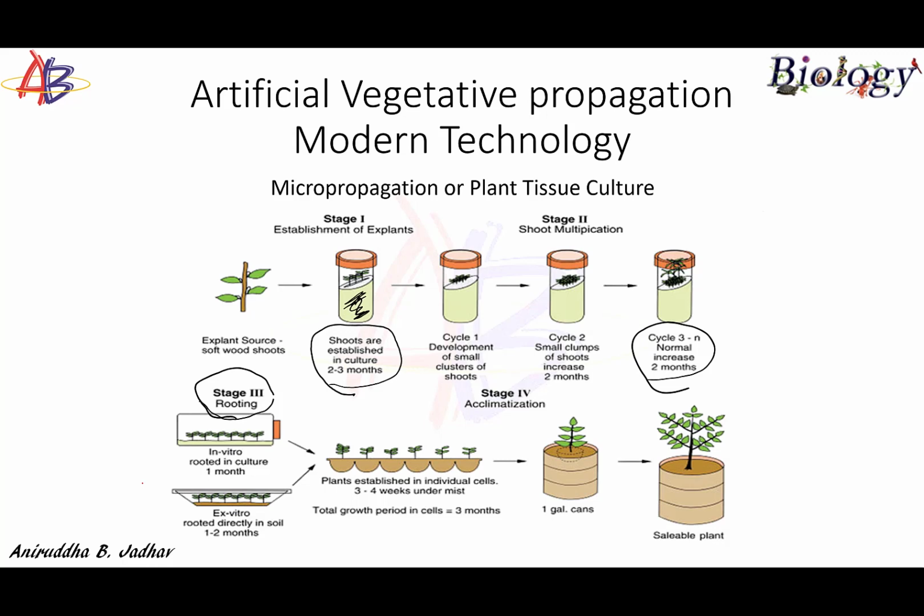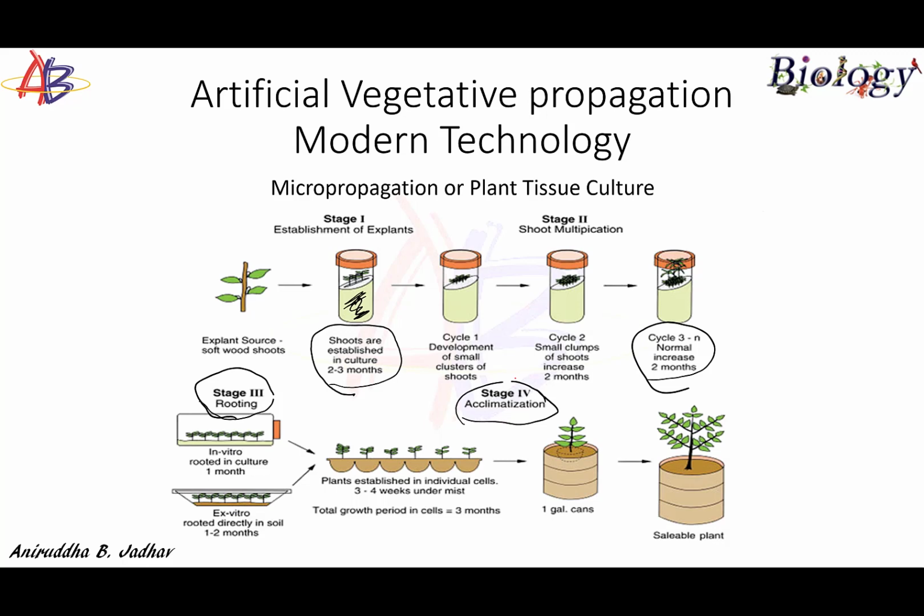Once the rooting process is done, the complete plantlet has been produced, and now these plantlets are shifted for acclimatization. Acclimatization is a step by step process where these plants which have been grown in laboratory conditions are now subjected to exposure to natural environmental conditions.